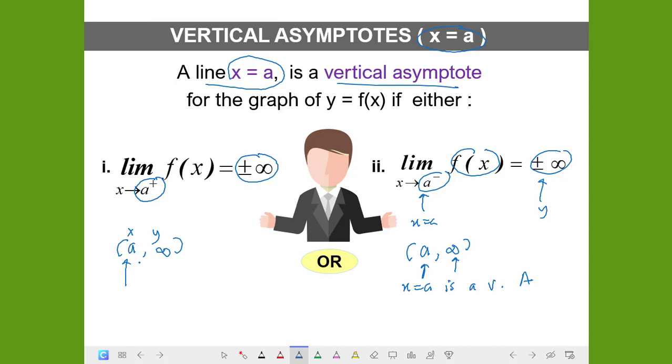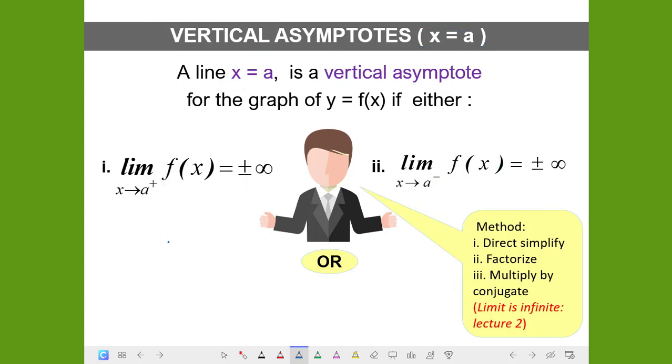So when you have one infinity sign and one value, you can conclude that x equals a is a vertical asymptote. It is the way for you to remember and find the asymptote.